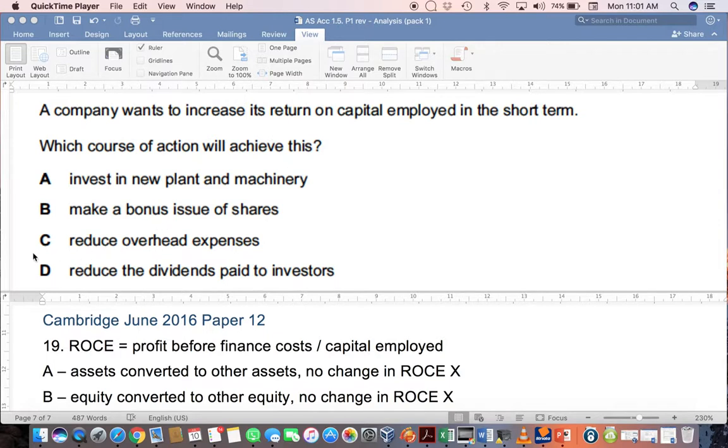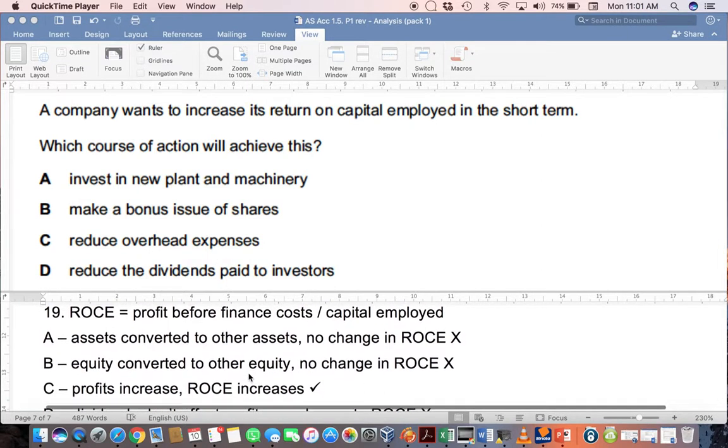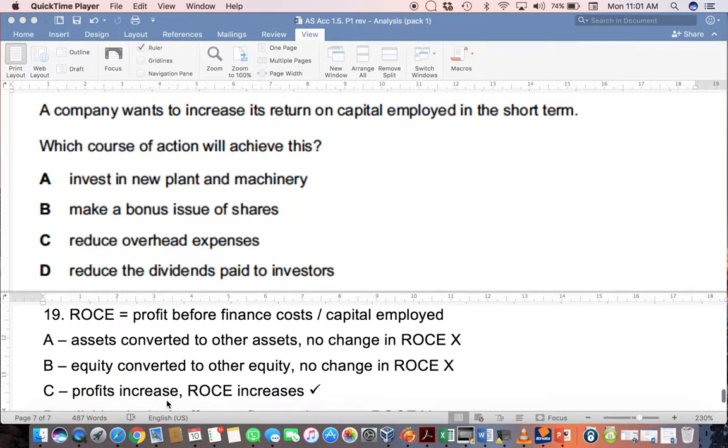For C, if you reduce your overhead expenses, it means that you are cutting your operating expenses or manufacturing overhead expenses, but the overall effect means that your profit before interest will actually increase. And if these profits increase, it means your return on capital employed increases. So C is certainly an option we can look at.